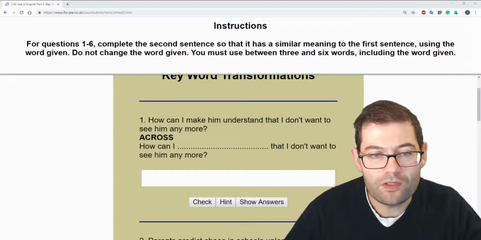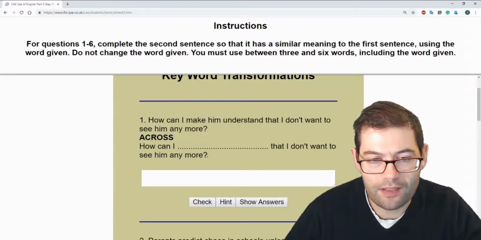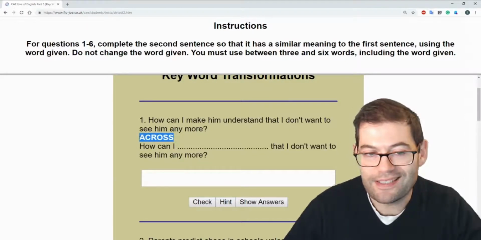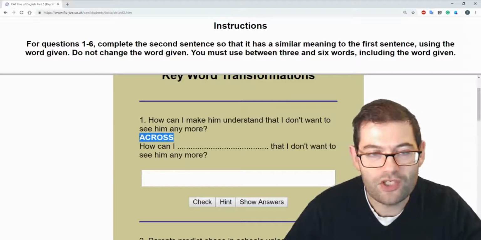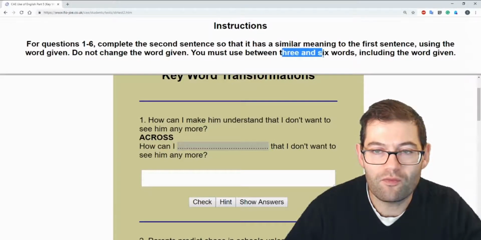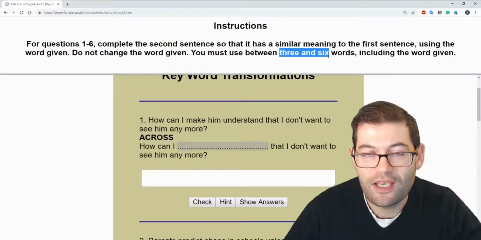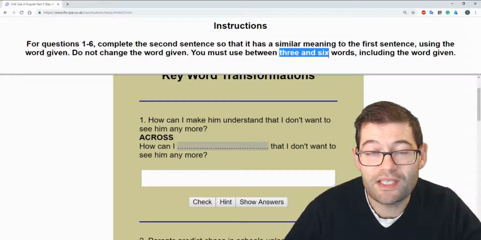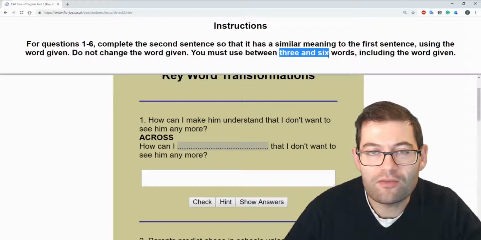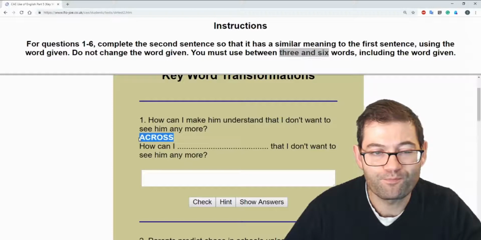First of all, you've got to change the example sentence into this question using this keyword, which you cannot change in any way, shape or form, and in order to fill in the gap you must use between 3 and 6 words, and that's an important total, remember, because some of your answers in this particular exercise might run to 7 words, so you've just got to be careful that you don't go further than 6 words, and of course you've got to include the word which is given.